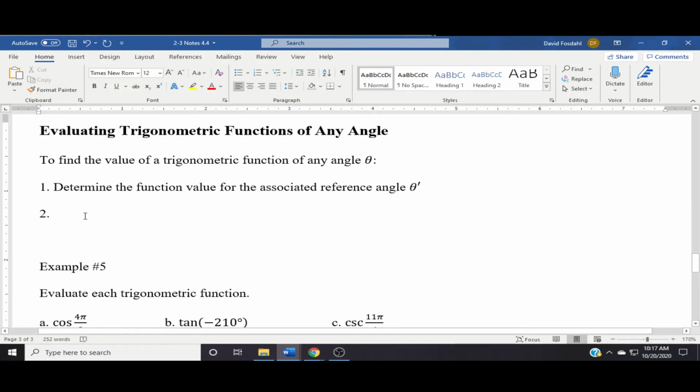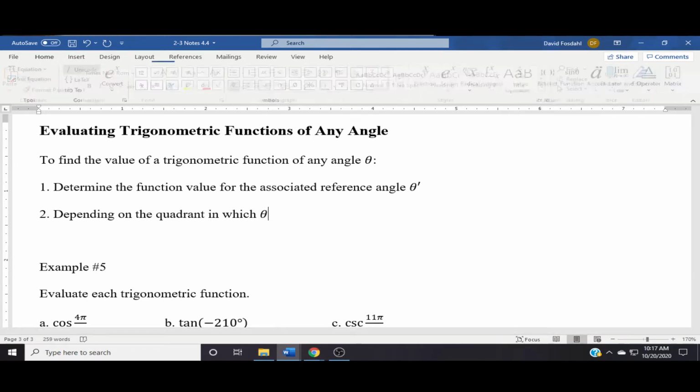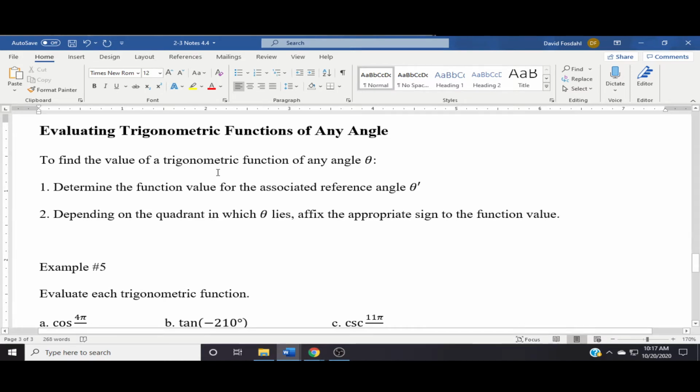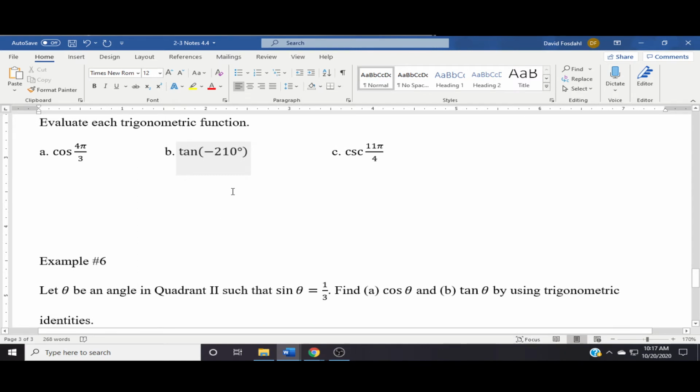Next thing you need to do is, depending on the quadrant in which theta lies, affix the appropriate sign to the function value. Okay? So let's test it out with these.